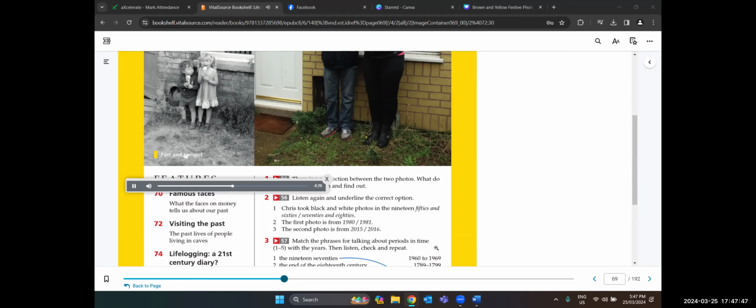Donna and Stephen saw their photo from 1981 and they contacted Chris. It shows them as children in front of their old family house. They don't live in the house now, but they live in the same city. They returned to the street and Chris took the second photo in 2015.